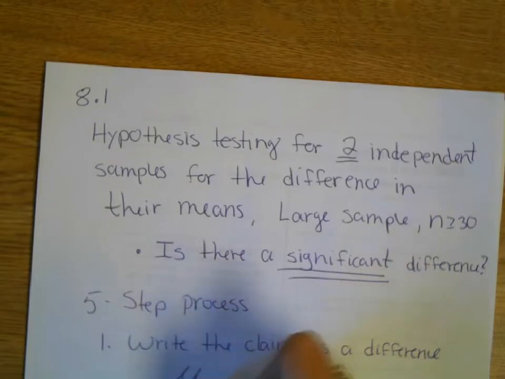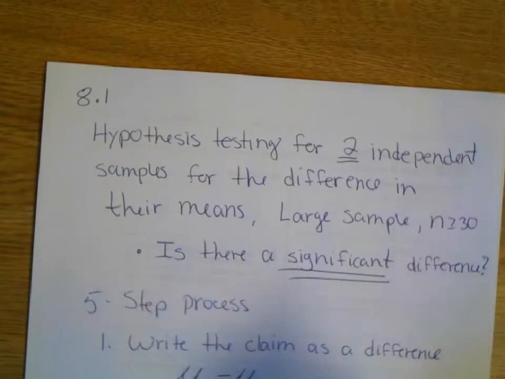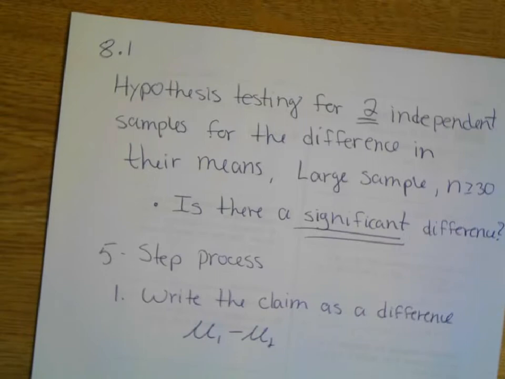So the mean of one minus the mean of the other. The mean from sample 1 minus the mean from sample 2. And then we'll be saying greater than, less than, equal to, less than or equal to, whatever it might be. So we're writing it as a difference. So that's the only thing that is different about this chapter than the last one. We've got to incorporate the 2 samples together. We're checking the difference in them.